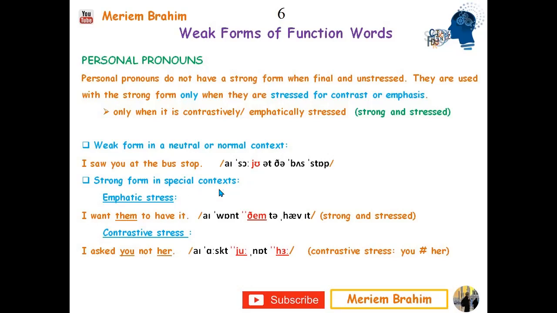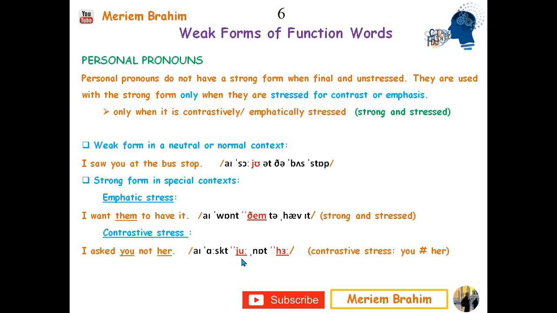However, we move to the special context where it appears strong and stressed as well. We have just two contexts, emphatic and contrastive. So when we have emphatic stress, example, I want them to have it. I insist that I want them to have it. When we have contrastive stress, the personal pronoun as well is strong and stressed.